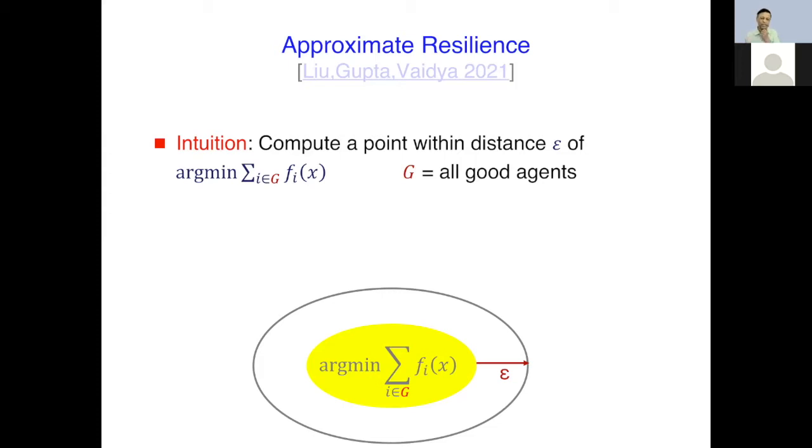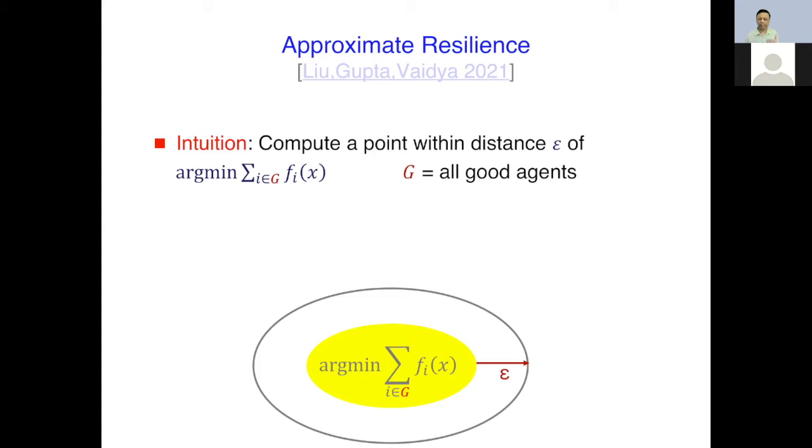So the approximate resilience, intuitively, the goal is not to find anymore a value that is strictly inside this set, which is the set of arguments that minimizes the aggregate cost over all the good agents. In some cases, that argument may be a single point. In general, it might be a set.